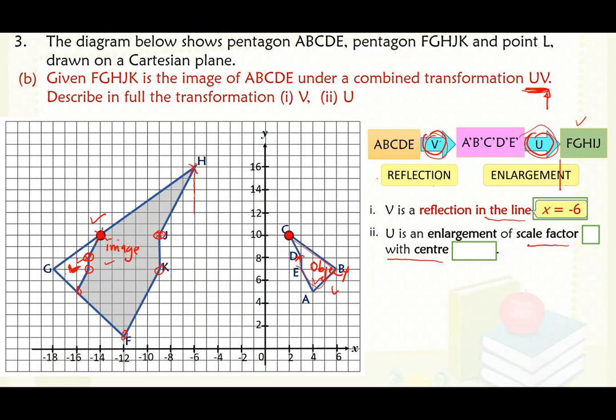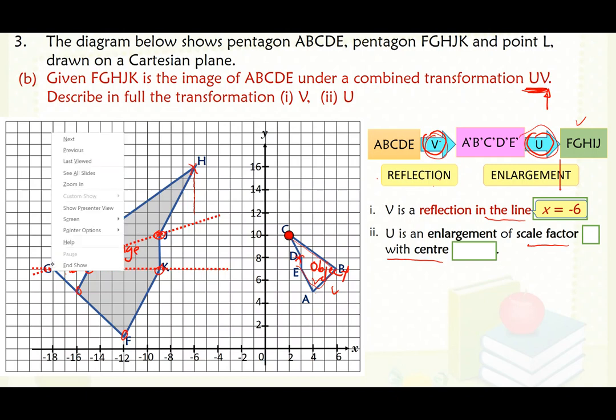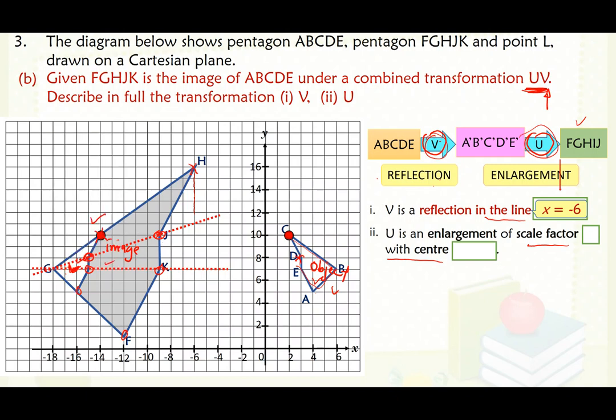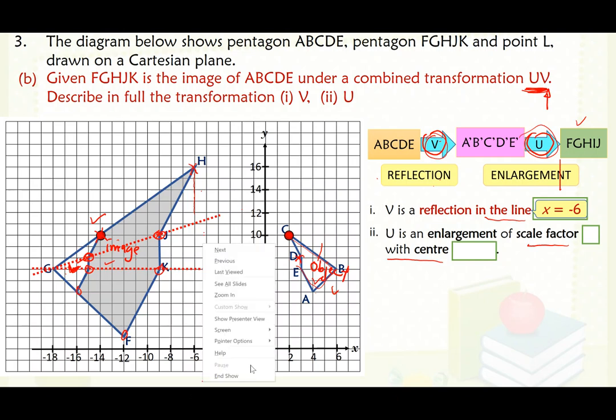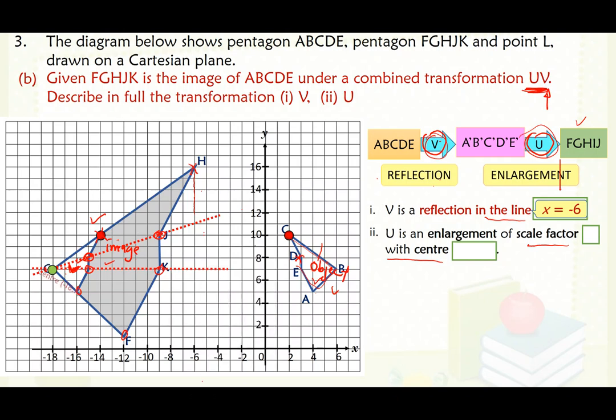So I connect the corresponding point with the straight line. The intersection 两个交叉点，两条线的交叉点，那么就是它的 center of the enlargement. So I know the center of the enlargement.